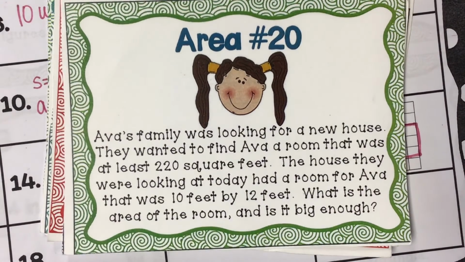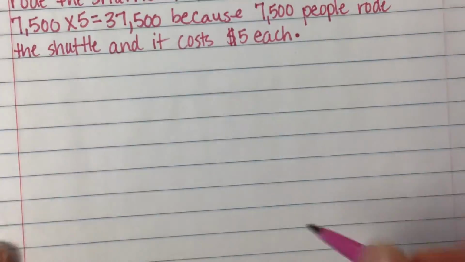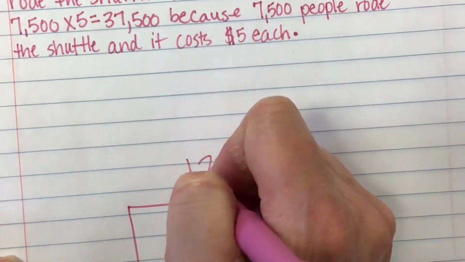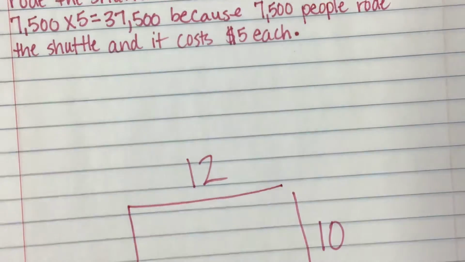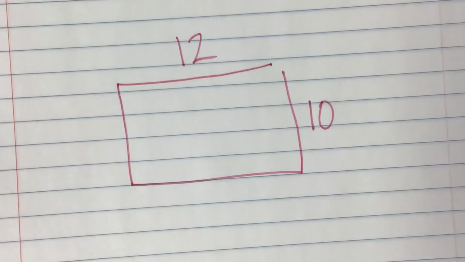What is the area of the room and is it big enough? Okay, so they found a room and it's 10 feet by 12 feet. The first part of the question is, what's the area of the room? What's the area of that bedroom?